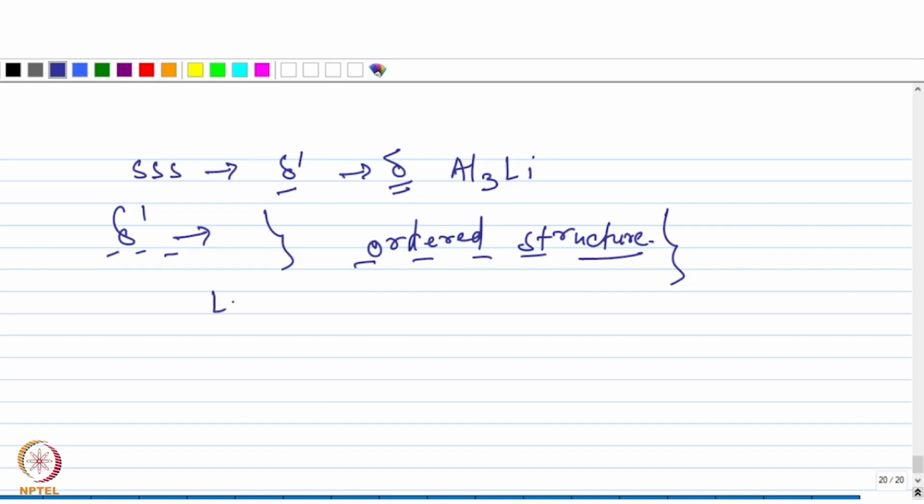And now if you look at the ordered structure of this particular phase, this is basically Al1Li2 type crystal structure, the prototype of which can be found in these copper gold solid solutions, copper gold ordered alloys.